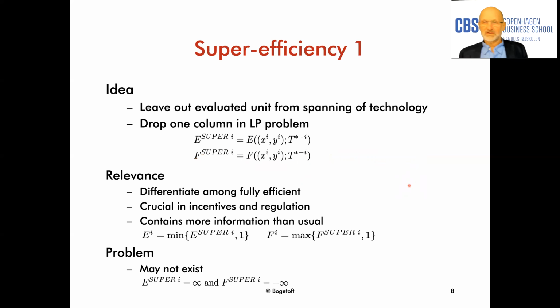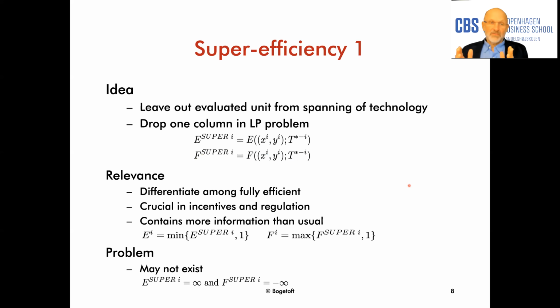The idea of super efficiency is that when you evaluate me, for example, my data cannot be part of the data that spans the technology. So you basically leave out the evaluated unit from spanning the technology.